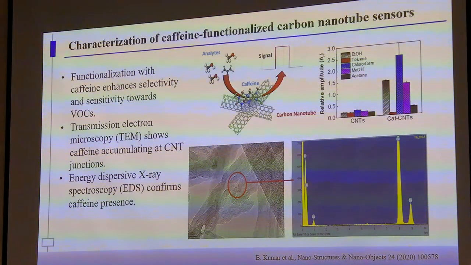And then we expose this to different molecules, like here ethanol, toluene, chloroform, methanol, or acetone. Carbon nanotube doesn't have any type of background, but this caffeine CNT has a pretty good response, and it's showing a high response for chloroform here.